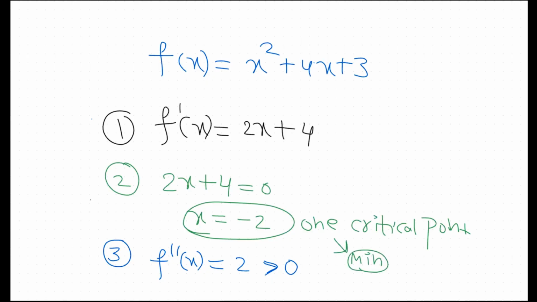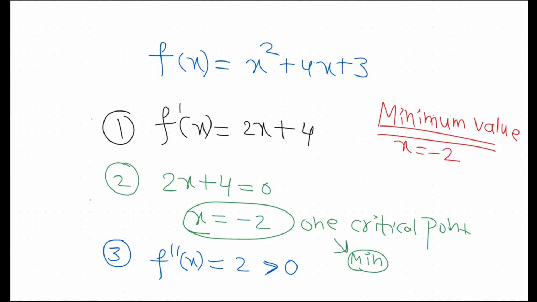What we need to do with this point to calculate the minimum value? Important, language is important. Now I am not calculating the point, I am calculating the minimum value. Where will you get the minimum value? Obviously, at the minimum point. What is the minimum point? X equal to -2. Take this -2 and substitute in f of x.